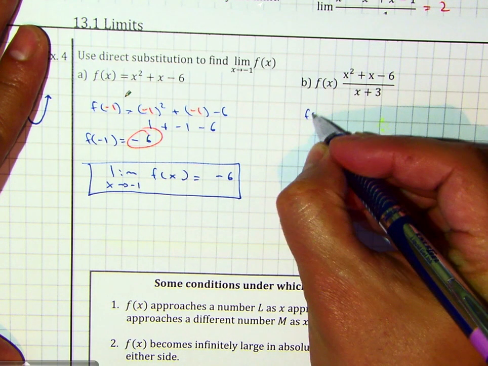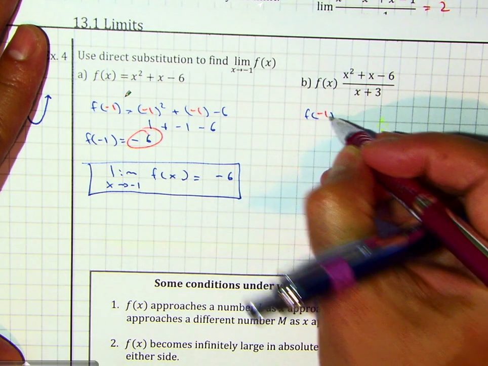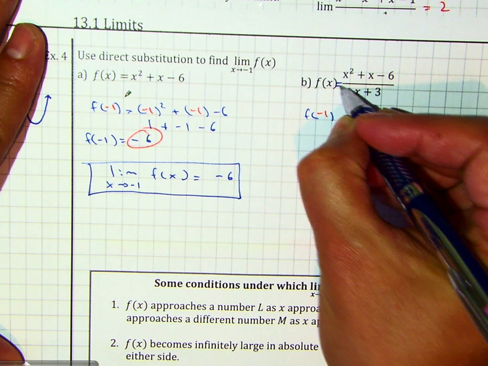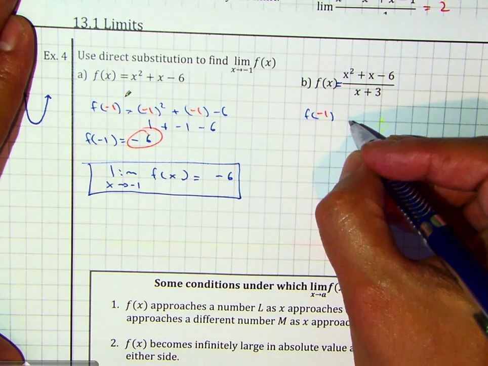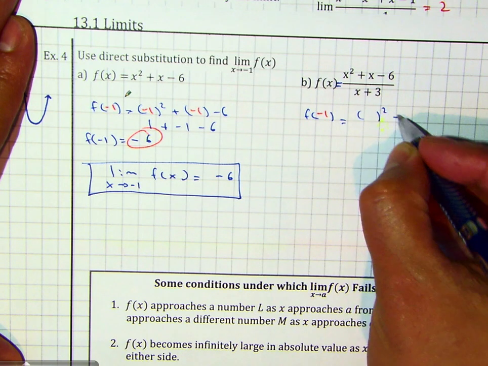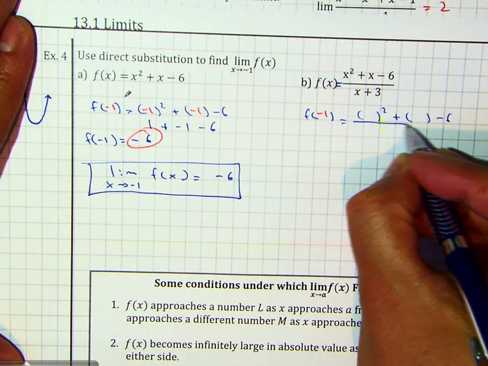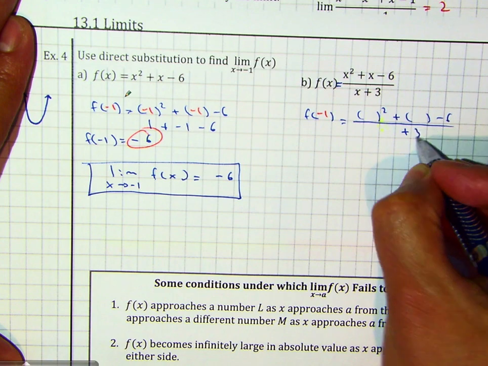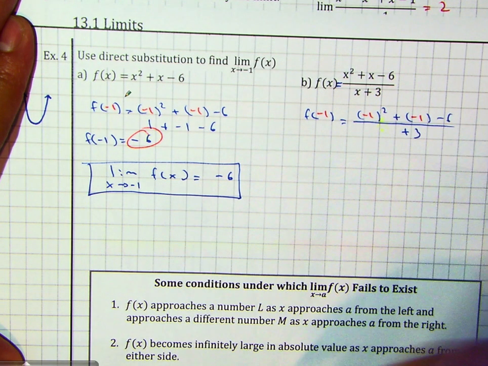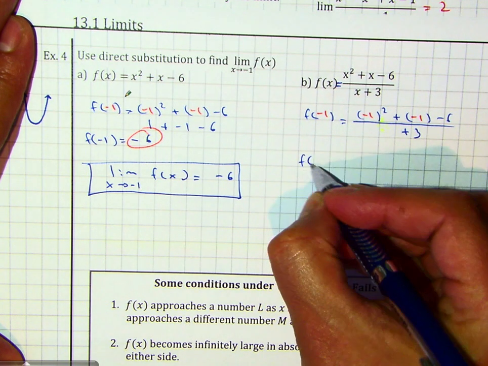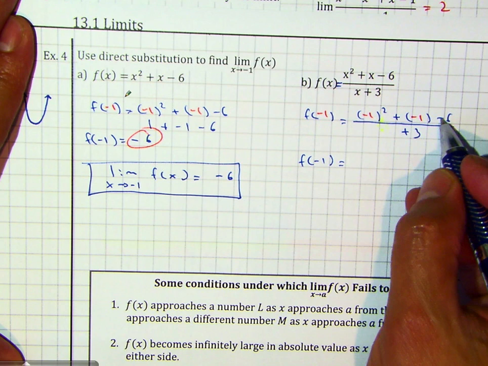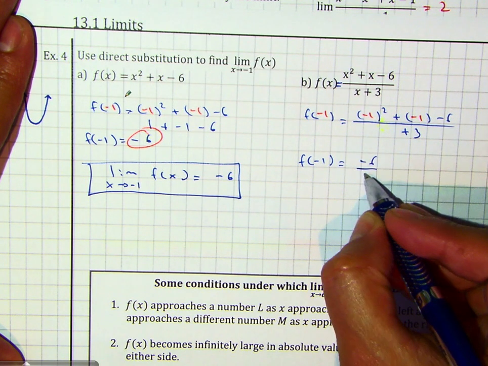So we have -1, and there should be an equal sign in here. We have x squared plus x minus 6 over x plus 3, and I want to plug in a -1. So f of -1 equals 1 minus 1 gives 0, minus 6, divided by 2.